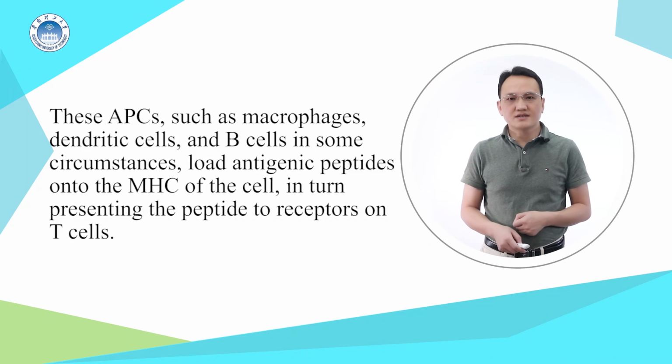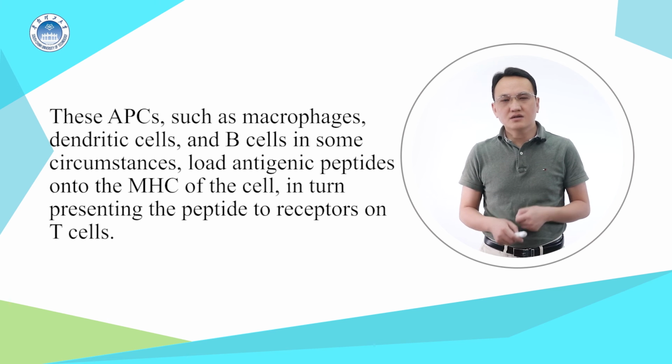These APCs, such as macrophages, dendritic cells, and, in some circumstances, B cells, load antigen peptide onto the MHC complex in the cell, which in turn presents the peptide to receptors on T cells. The most important of these APCs are highly specialized dendritic cells, conceivably operating solely to ingest and present antigens.